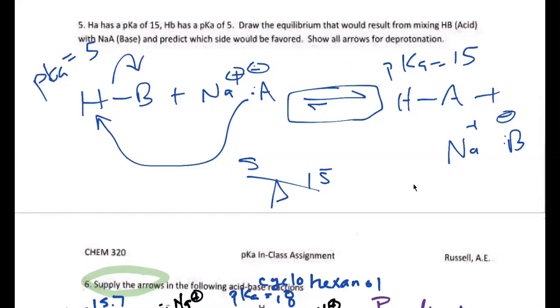So that's why it's important to understand it from that perspective of favoring the weaker acid, because you want the reaction to go from reactants to products, not the other way around. All right, we okay with that? Any questions about that?